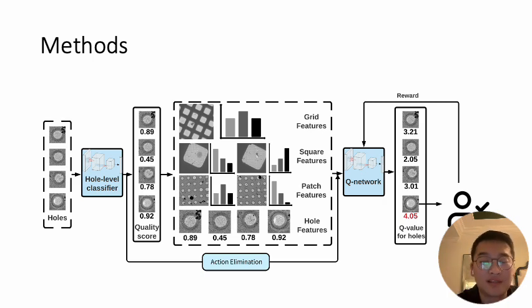And we also include a technique called action elimination. This is because in our dataset, the action space can be very high dimensional, which significantly slowed down the evaluation and the training process. Action elimination is to only consider the top 10 actions for this model.